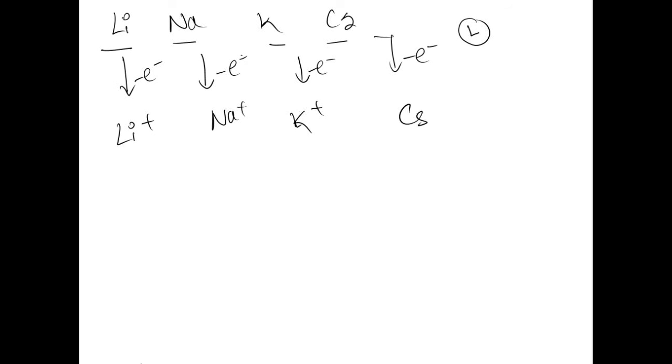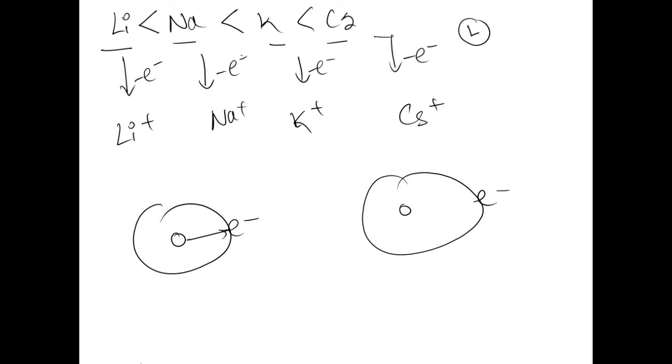So the reactivity will increase as we go down the group, because with increasing size the electron will be at a greater distance from the nucleus, so there is less attraction towards the nucleus. With increasing size, the tendency of giving electrons increases. That's why the reactivity order also increases from up to down.